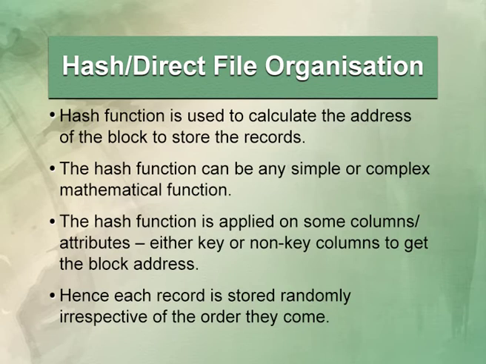Once the record arrives, it takes the key part that is given in the mathematical function, and the function works on that part. The combination calculates the address of the block where this record should be stored.